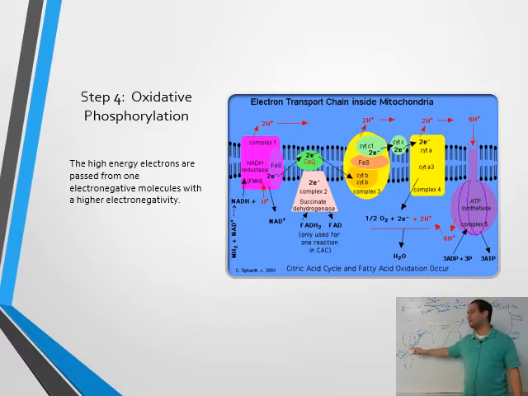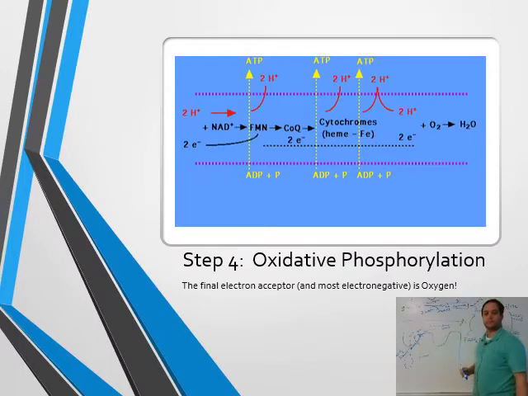Each time that happens, the electron jumps to a molecule with a higher electronegativity, until it reaches the absolute final electron acceptor, which is oxygen. I cannot stress enough that you guys understand that oxygen is the final electron acceptor, and that is the reason you breathe. That is the whole reason you take oxygen into your body, is to power this reaction.